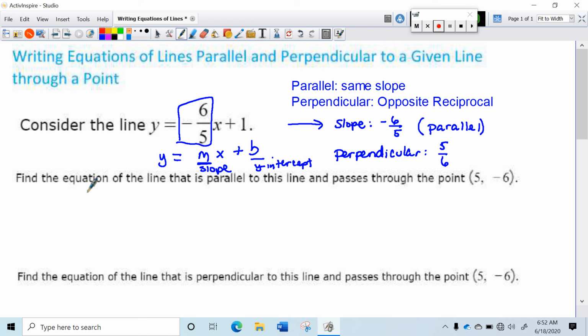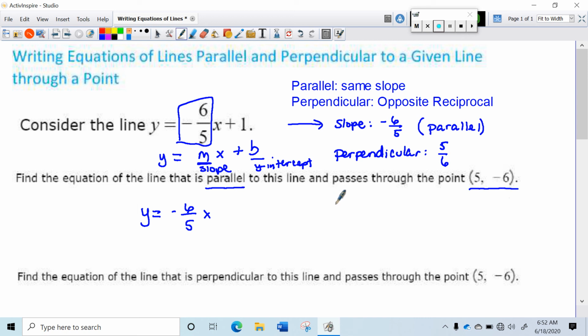Okay, so this first one, find the equation of the line that is parallel. So that's the same slope. So I'm going to write it in slope-intercept form. y equals m, slope is negative 6/5 x. Now the b is not the same, okay? It's going through the point (5, negative 6).